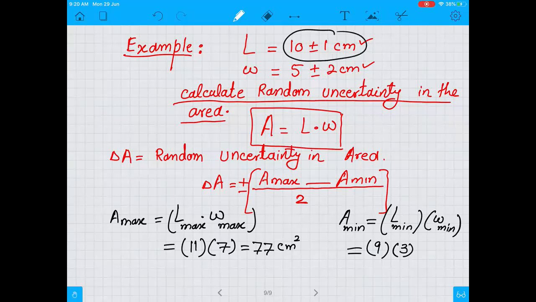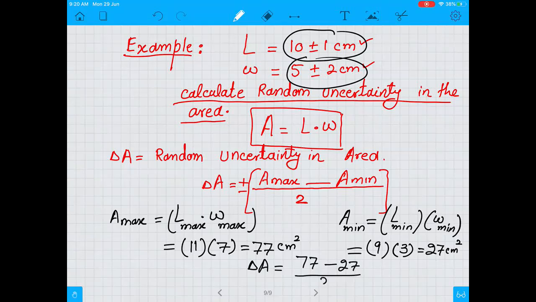So 10 minus 1, 9, and 5 minus 2, 3. It would be 27 centimeter square. Now the error in the answer for area would be 77 maximum value minus 27 minimum value whole over 2. So it would be 50 over 2 and the answer would be 25.